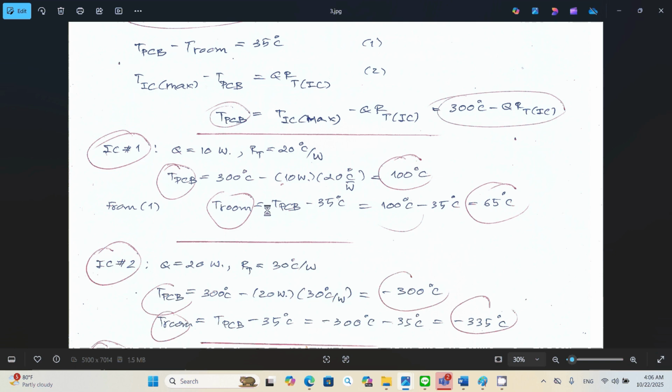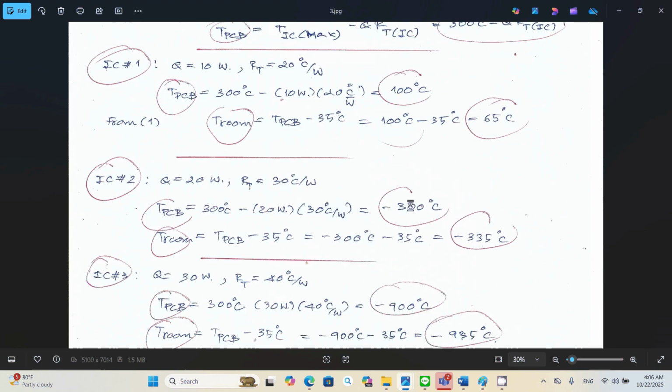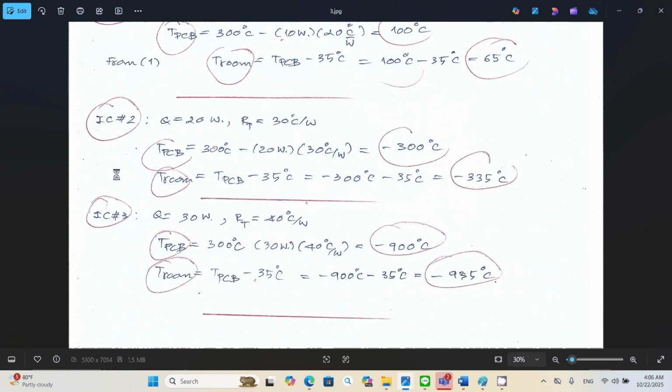That's TPCB minus 35 degrees Celsius. Okay, you apply equation number 1, and you end up with T room equal to 65 degrees Celsius, and you can work out the rest. It's just different heat dissipation Q and different thermal resistance RT.